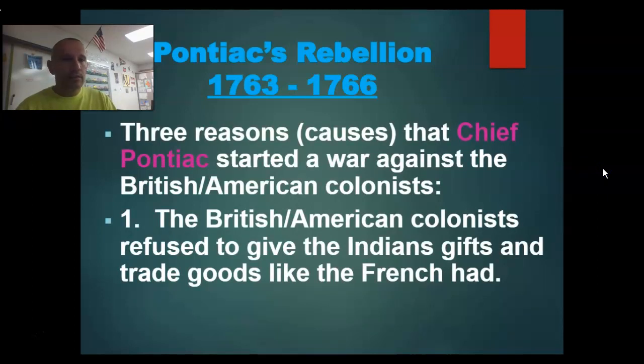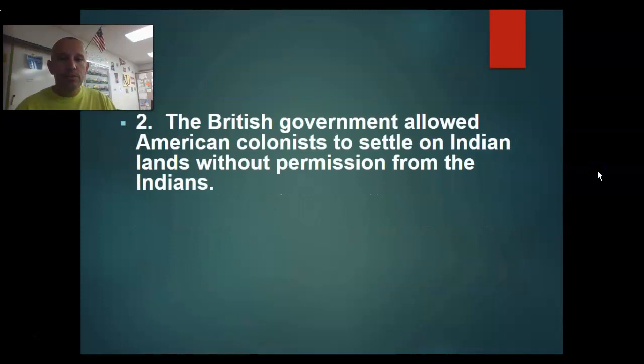And here's why Pontiac's Rebellion took place. Number one, the British and the American colonists did not treat the Indians very nicely. The French used to trade with them and give them gifts, and the British and American colonists did not do that. Number two, the British government allowed colonists to settle on Indian lands without any kind of permission. Basically, they won that land in the French and Indian War, and so they just started settling on it.